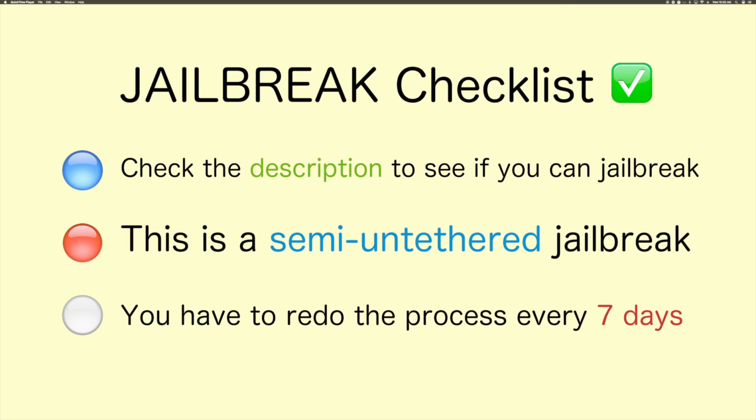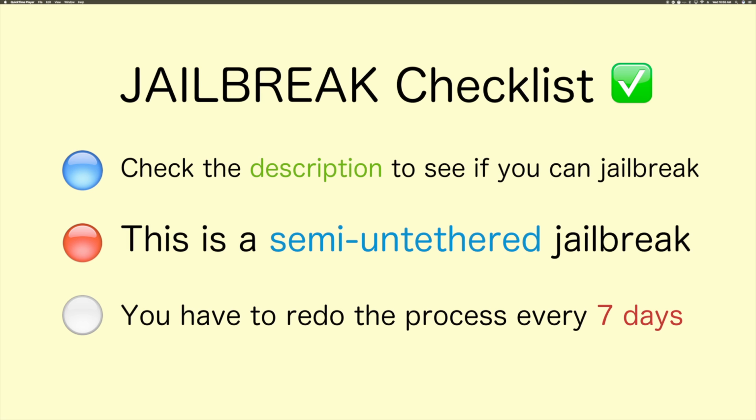The next thing that I'd like to mention is that this is a semi-untethered jailbreak, which means that every time you turn off your iOS device, you will lose the jailbreak, but you can get the jailbreak back by opening the application that I'll be showing you how to install shortly and pressing go to restart the jailbreak. Now, this application expires every 7 days.